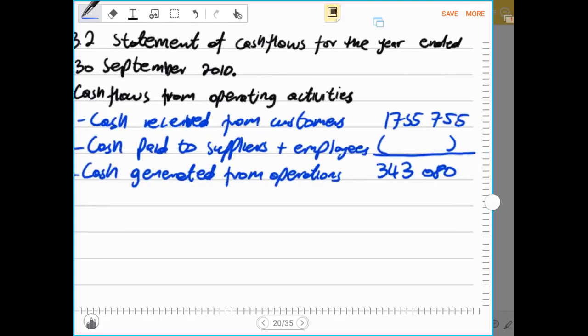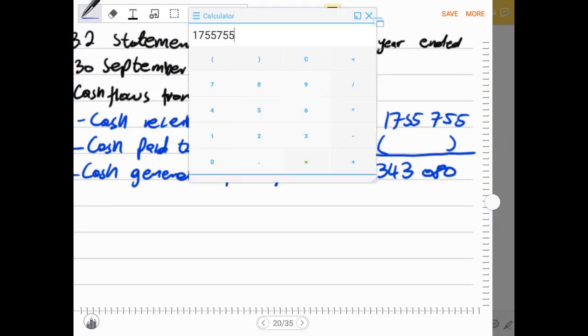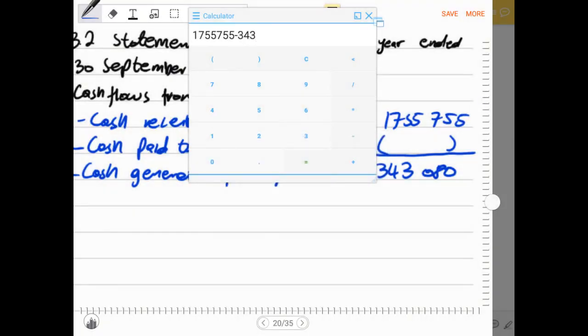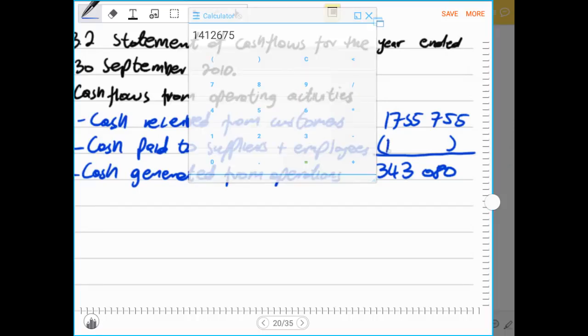Therefore now if you say cash received from customers 1,755,755 minus 343,080, that will give us 1,412,675.